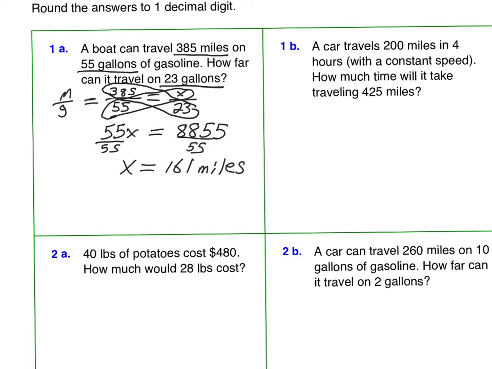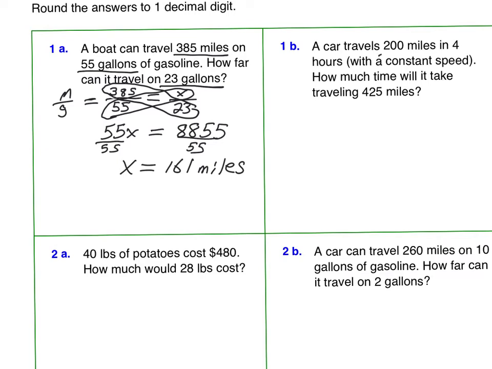So I can get 7 miles per gallon, okay? And I should be able to do the same with 385 divided by 55, and indeed I get 7, okay? That's the unit rate. That's how many miles we can go in 1 gallon, but we're using 23 gallons, so it's 161 miles.